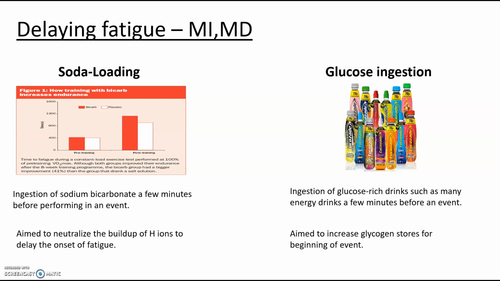This means that a greater amount of lactic acid can be built up before reaching a level of acidity that causes the enzymes to be inhibited, meaning the performer can work at that high intensity for longer, as it would take longer for the hydrogen ions to build up to a level that would cause the enzymes to be inhibited.